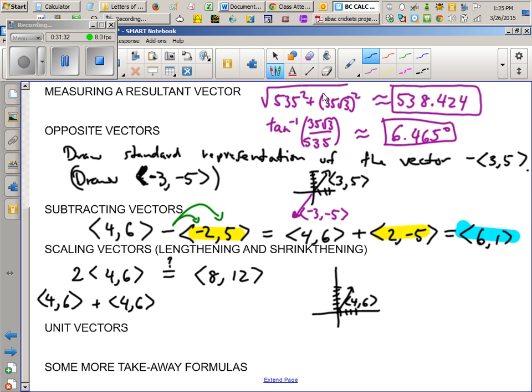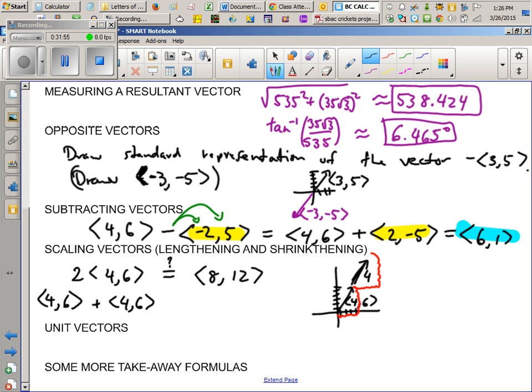So you could treat this as vector addition. Your first leg of the journey is right 4 up 6. Your next leg of the journey is right 4 up 6. So this takes us all the way out to the point (8, 12). You go right 4, up 6, right 4, up 6. In other words, you just get an exact duplicate of that vector.